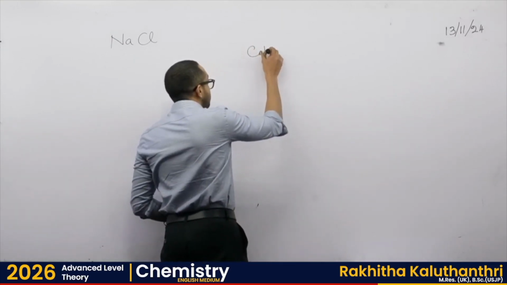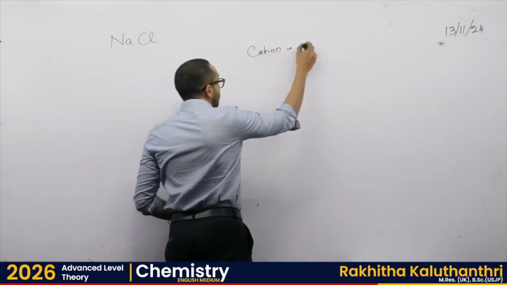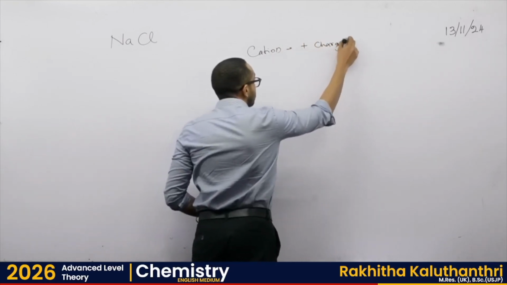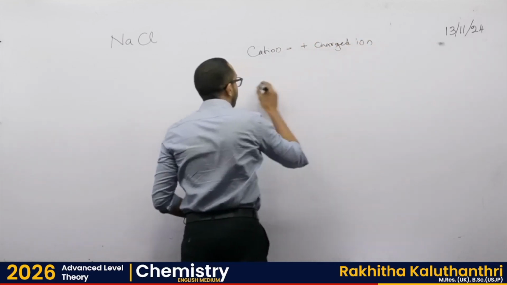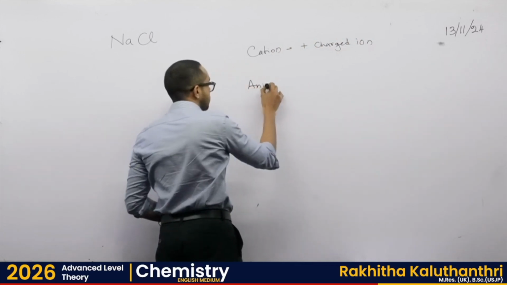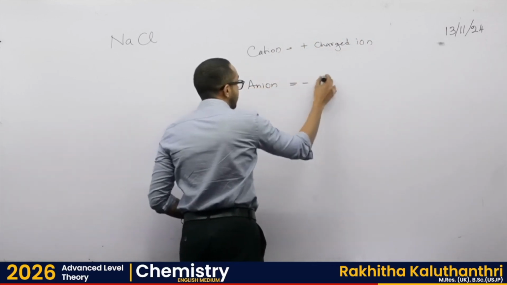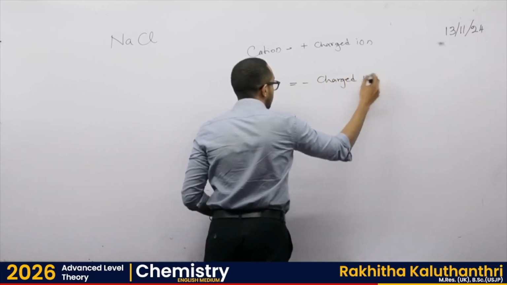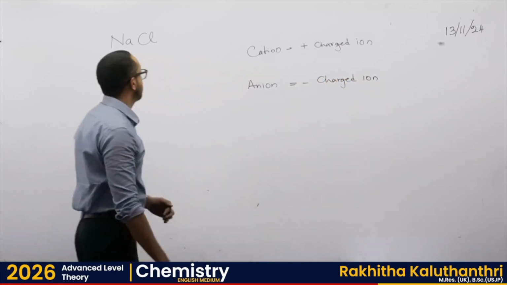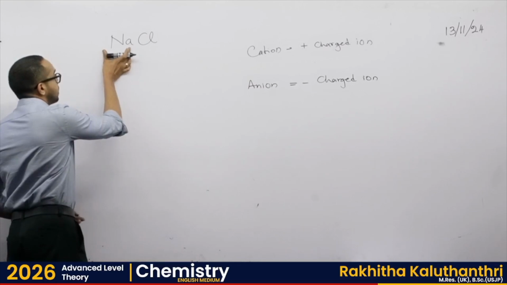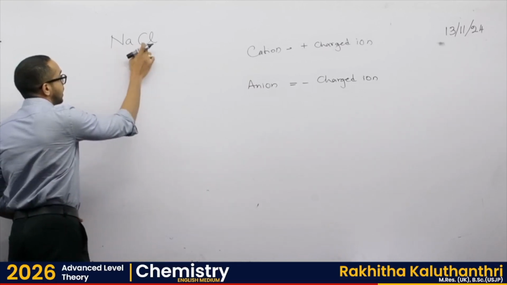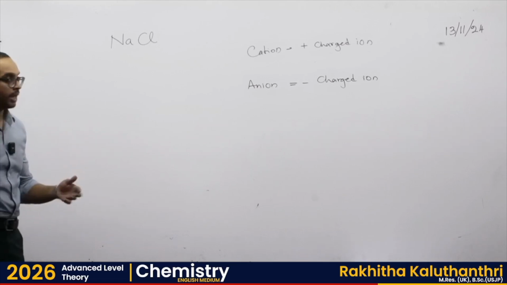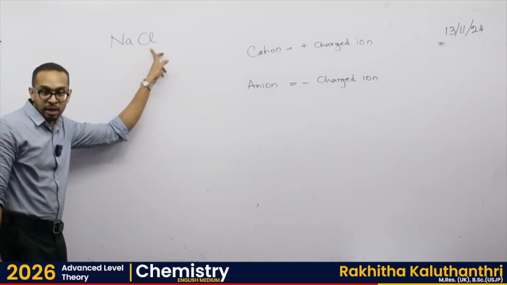Cation means positively charged ion. Anion means negatively charged ion. These are simple things. I think you knew this from O levels. So you identify what is positive, what is negative. So sodium obviously forms +1 charged ions. It's a cation. This is an anion.